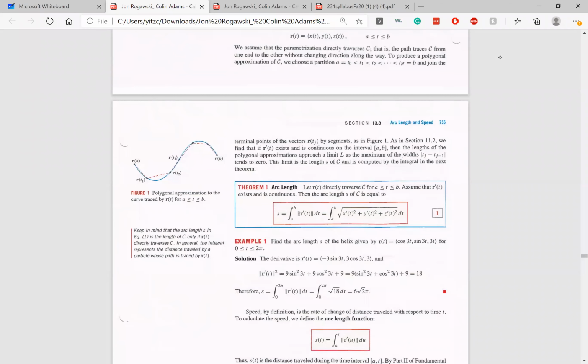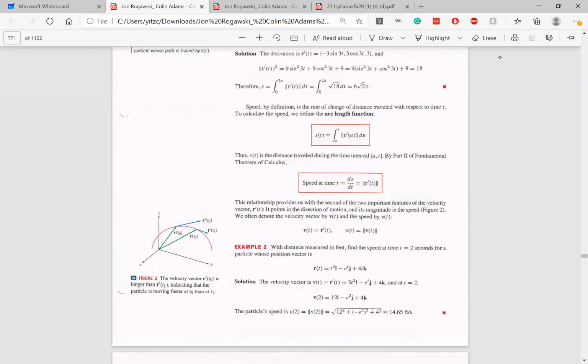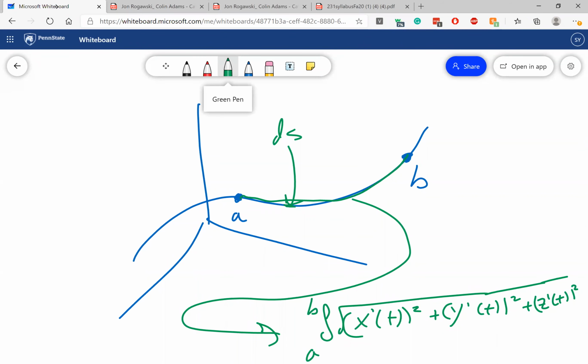So if you want to write S in terms of t, meaning now the arc length would be changing in terms of t, we can write this equation. So this would not be the arc length from A to B, it would be the arc length from A to t.